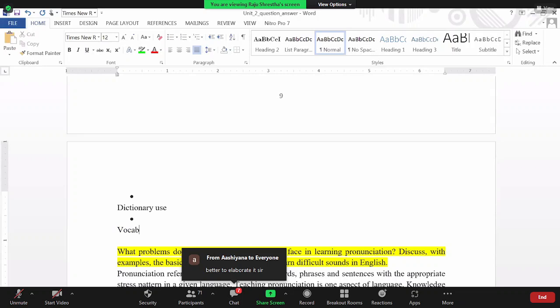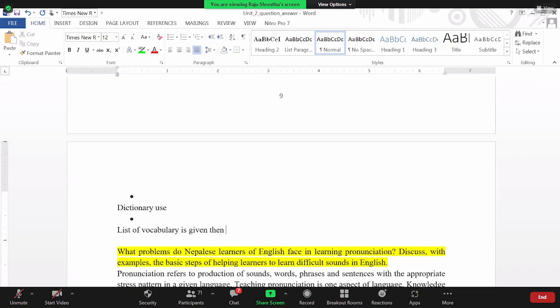A list of vocabulary will be given, and then we are asked to explain how we teach them. Wo yesto type ko sodhna sakcha haina, how to teach them.